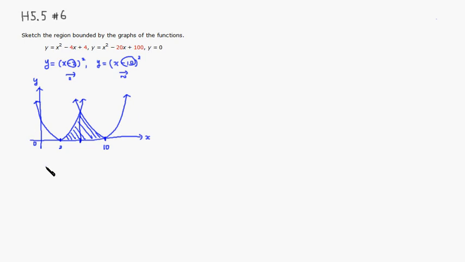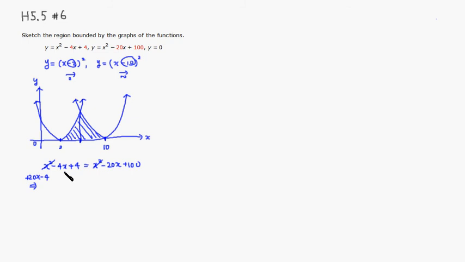The intersection: you have x squared minus 4x plus 4. I'm going to set that equal to the other parabola, x squared minus 20x plus 100. You can cancel x squared because we have the same thing on both sides, and then we can add 20x to both sides and also subtract 4.